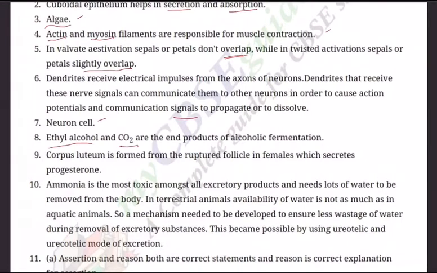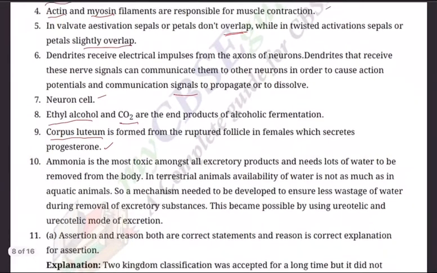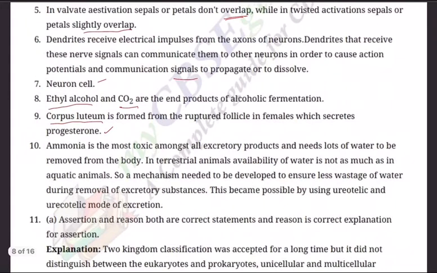As the name suggests, ethyl alcohol and CO2 are the end products of alcoholic fermentation. Question number 9. Which structure is formed from the ruptured follicle in females? What is its role? Of course, the corpus luteum is formed from the ruptured follicle in females, and that secretes the female sex hormone progesterone.